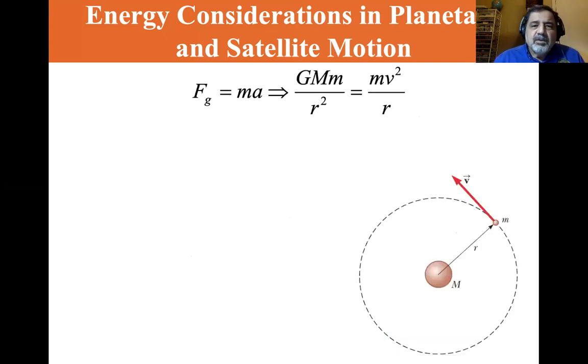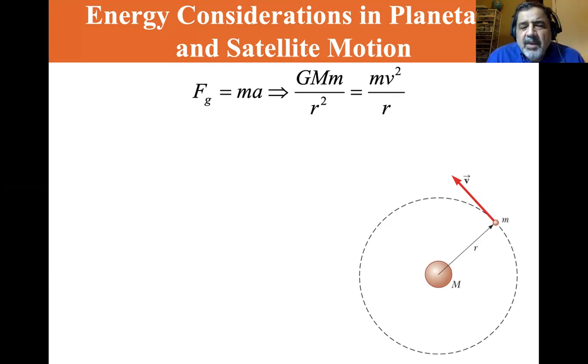So we also know that force equals mass times acceleration. What is the gravitational force? It's GMm over r squared. And what is mass times acceleration? Well, the acceleration in this particular case is the centripetal acceleration, which is v squared over r. That's the right hand side of the equation.